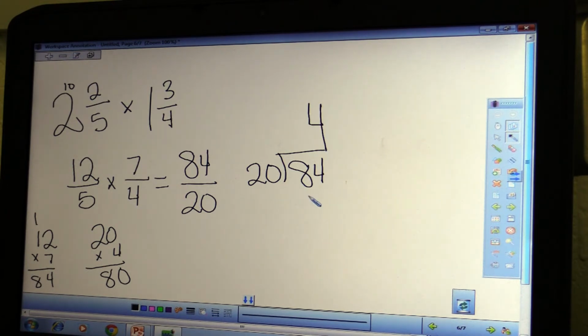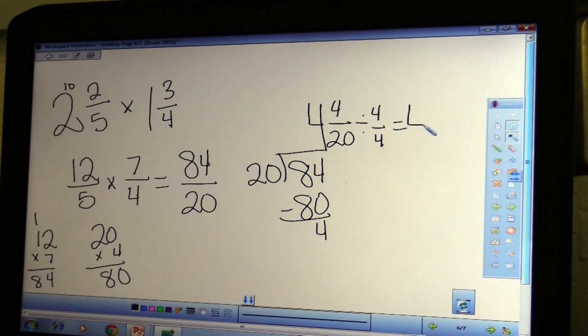So 20 times 4 is 80, subtract, get a remainder of 4. That becomes my numerator. Now I have 4 and 4/20. Well, 4/20 is not in simplest form, so I need to go ahead and simplify. I'll divide top and bottom by 4. Now I'm left with 4 and 1/5 as my final answer.